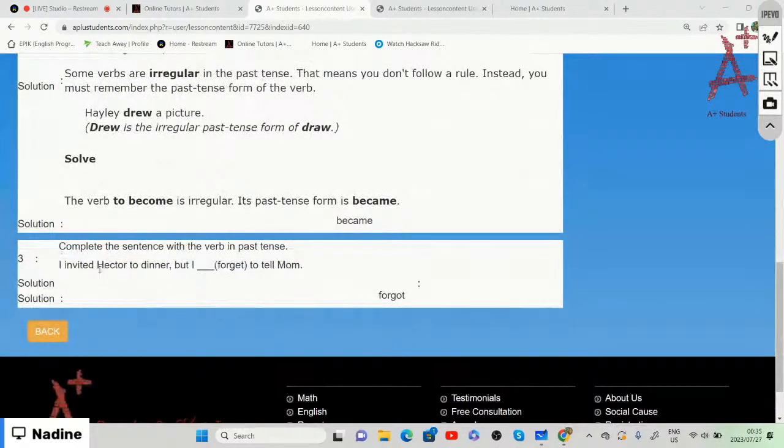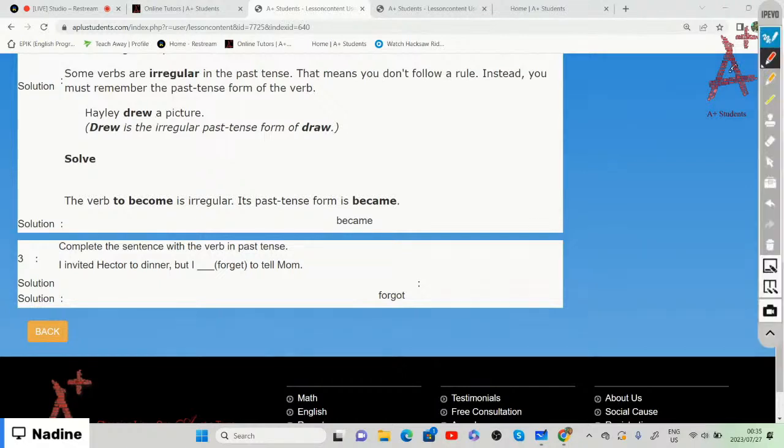I invited Hector to dinner, but I forget to tell mom. We need to change that word forget to the irregular past tense. Which means that the past tense, or the irregular past tense form of the verb, is forgot.